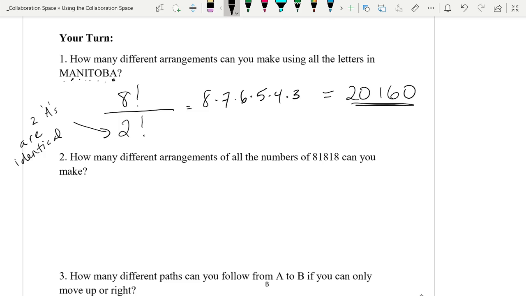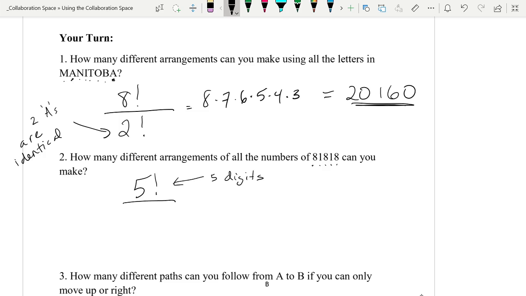How many different arrangements of all of the numbers of 81,818 can you make? Well, let's see. There is 1, 2, 3, 4, 5, right? It's a 5-digit number. So that's 5 factorial because there's 5 digits.